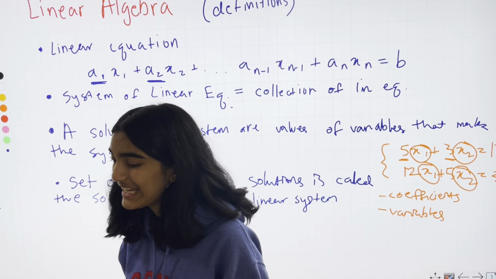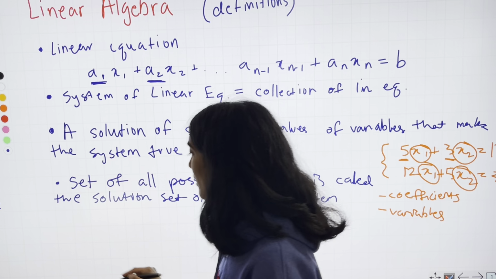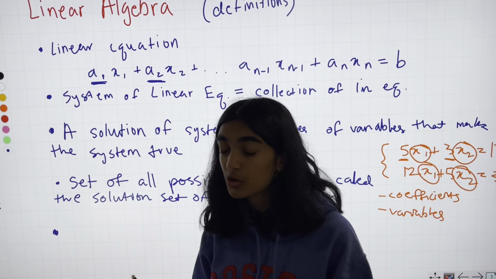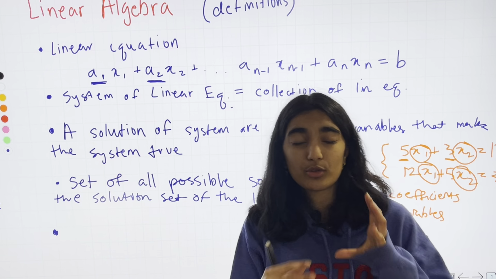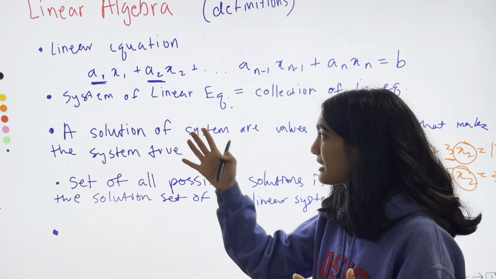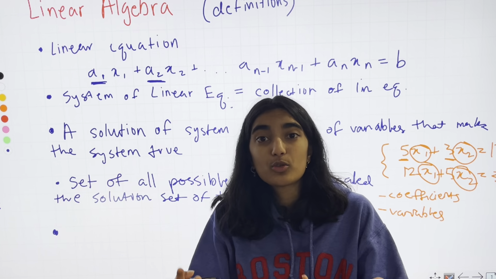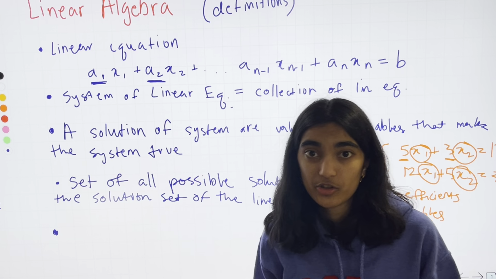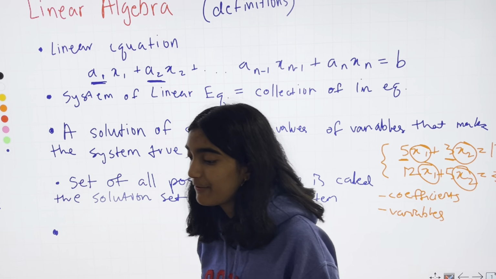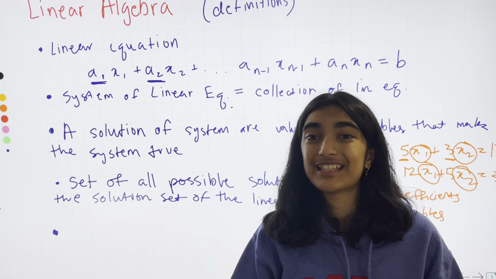Okay? And one last thing, a system of two linear systems, so two collections of equations, right? Because that's what a system is, a collection of equations. Two systems of equations are considered equivalent if they have the same solution set.